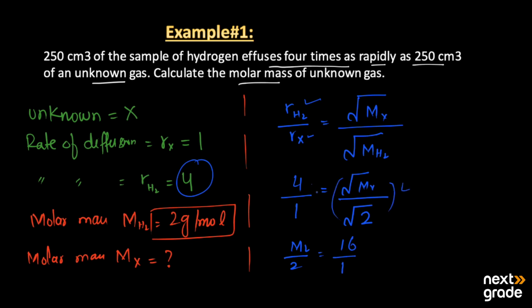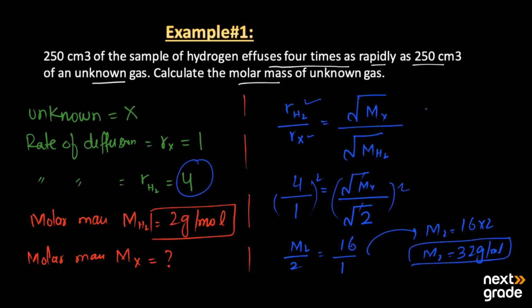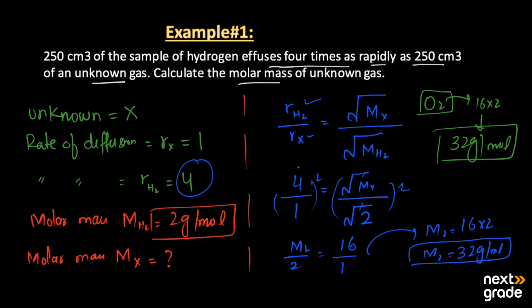By taking the square on both sides, all the square roots cancel out, and 4 times 4 is 16. The next step is M_X equals 16 multiplied by 2, and the molar mass of the unknown gas is 32 grams per mole, and the gas we have is oxygen, denoted by O2. Its molar mass is 16 multiplied by 2, which gives 32 grams per mole. So the rate of diffusion of hydrogen gas is greater compared to the rate of diffusion of oxygen gas. This is the result that we gained from this.